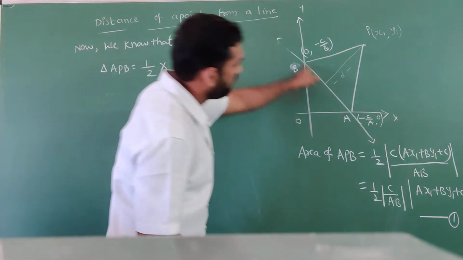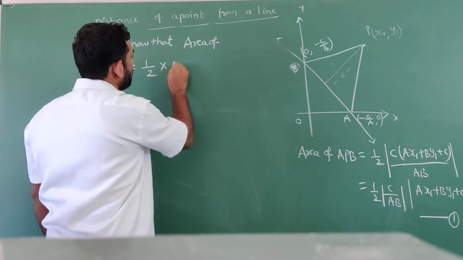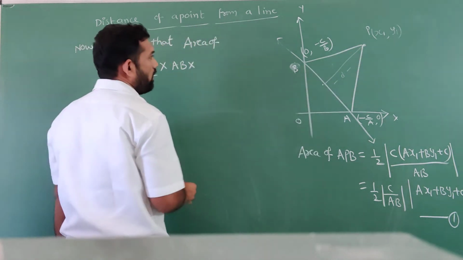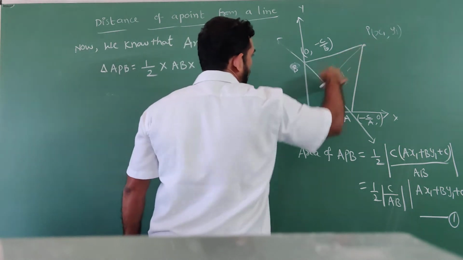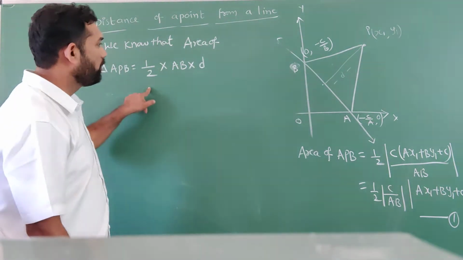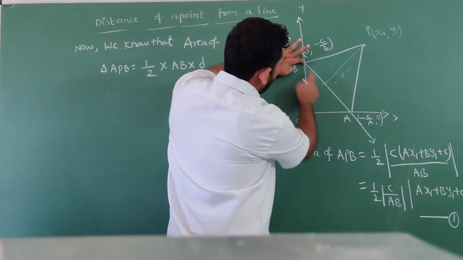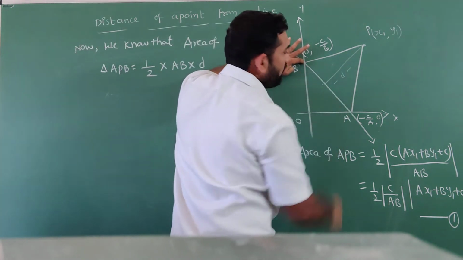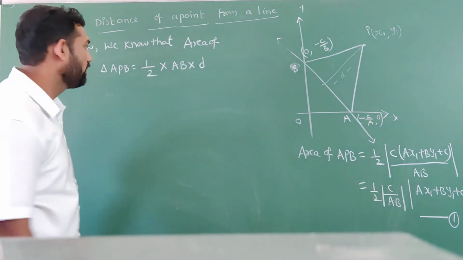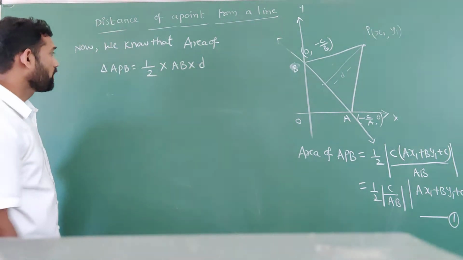What is the base here? AB is the base. Height is what? Height is D, the distance from the point to the line, that is called the height. I will consider the general formula.